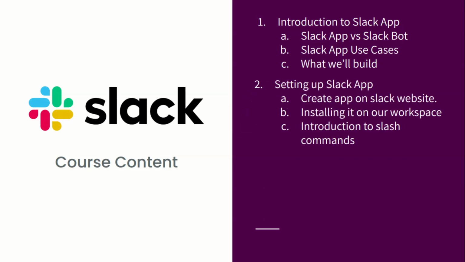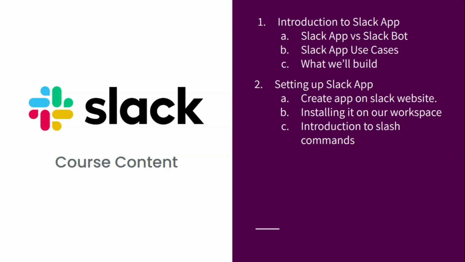And over the next few videos I'll guide you on how you can set up the Slack app on the Slack website, and then how you can install it to your workspace, right? I'll also introduce you to slash commands, what exactly they are, and how you can use them.